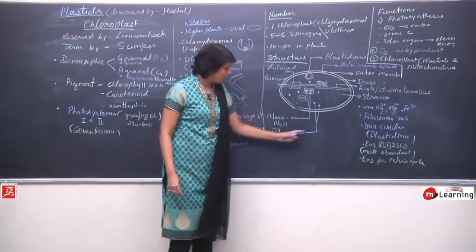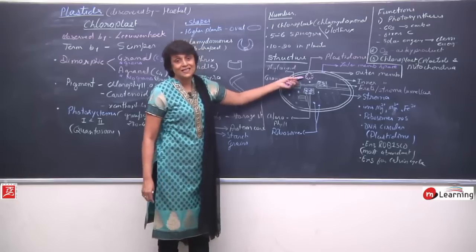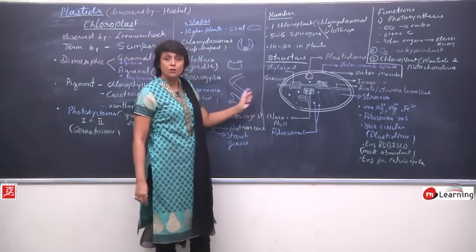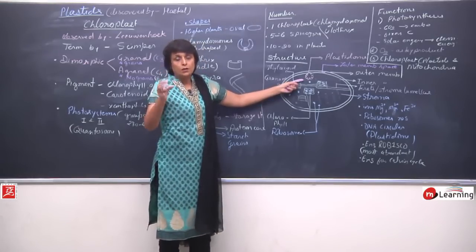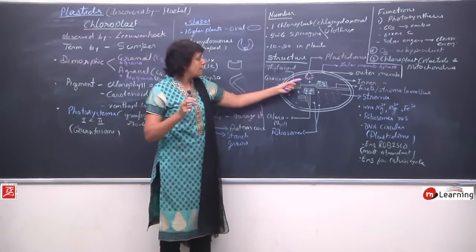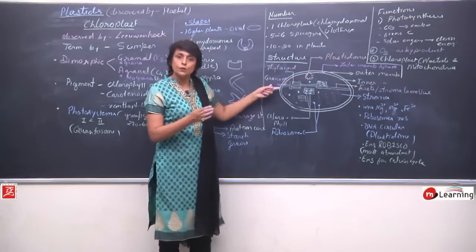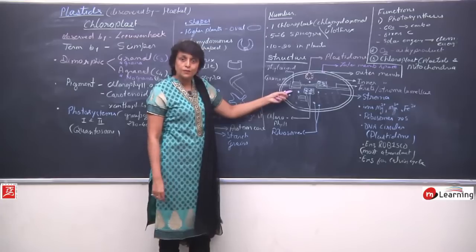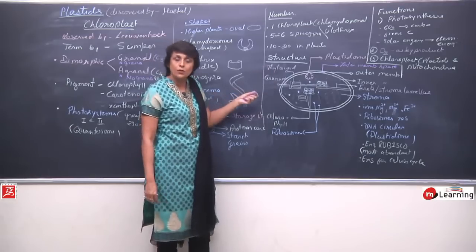That means they have their protein synthesizing units, ribosomes, as well as DNA. So they are able to replicate on their own, and that is why they are known as semi-autonomous. If cytoplasm of a cell goes into a gamete, what all things would go in the cytoplasm? If it is a plant cell, chloroplast will also go and mitochondria will also go. If it is an animal cell, only mitochondria.